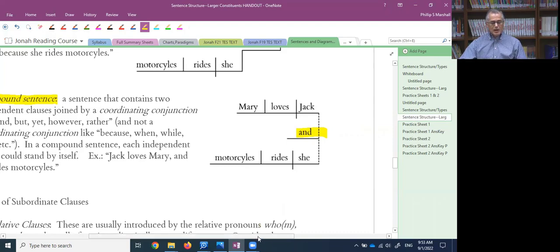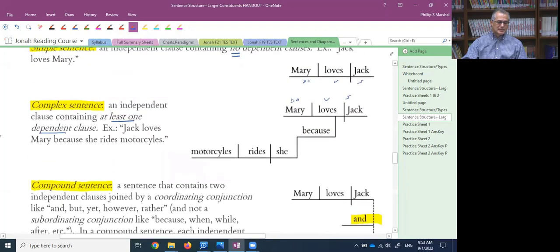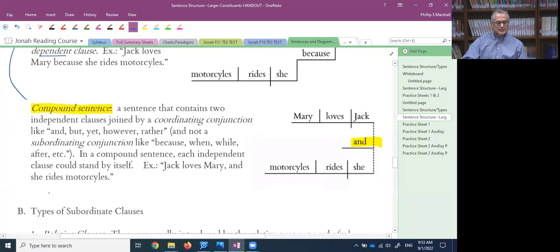Now, I probably should have given you one more designation, and what it does is it combines these two together. That is, there is such a thing as a compound complex sentence. So what do you think a compound complex sentence is?